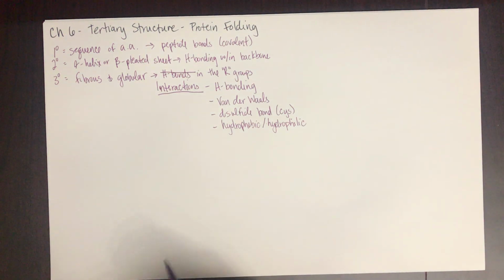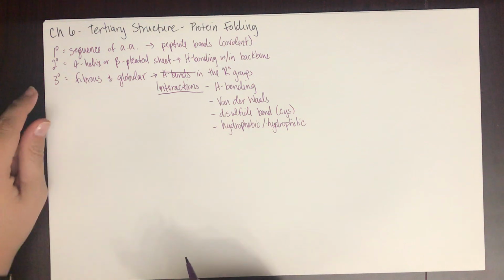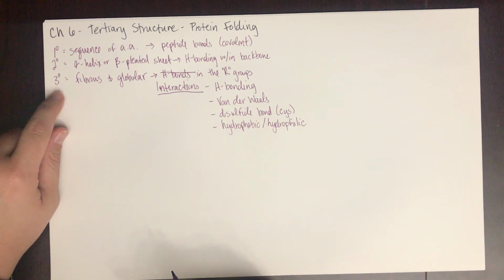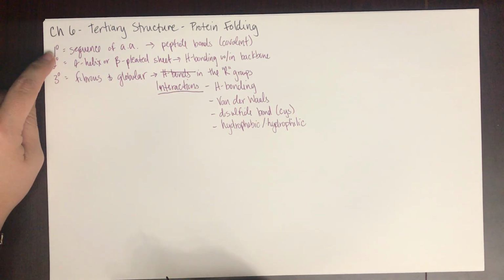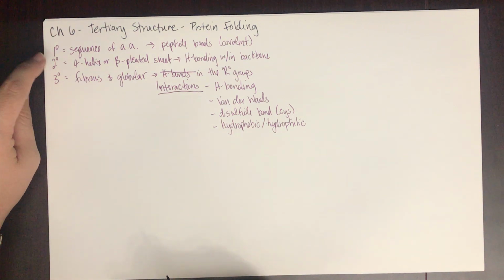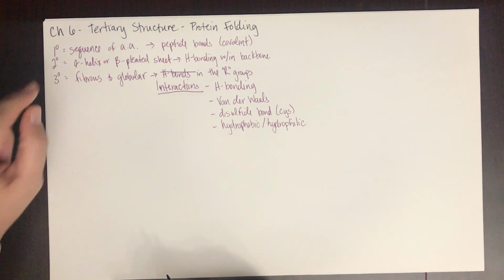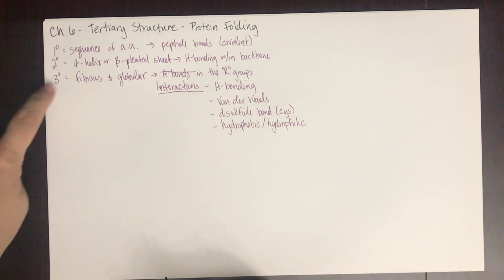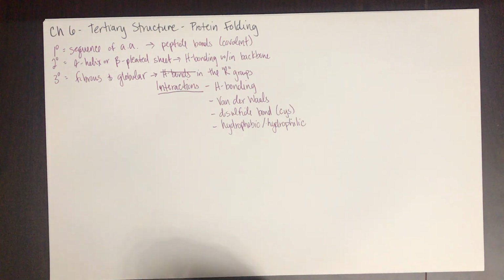So for a protein to be functional, for it to be able to do its job, it needs to be in the correct three-dimensional shape. So a protein isn't functional until it gets to this level. Even if the sequence is correct and the secondary structure is correct, it can't do the job it was designed to do until it is folded correctly.